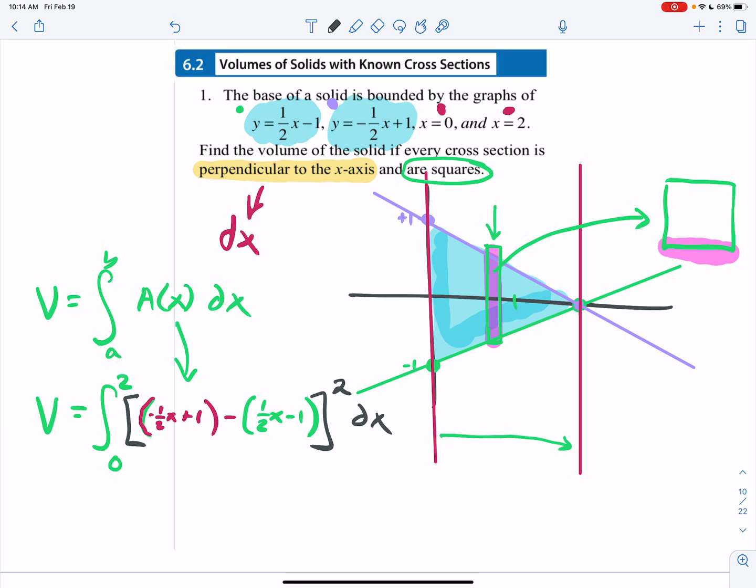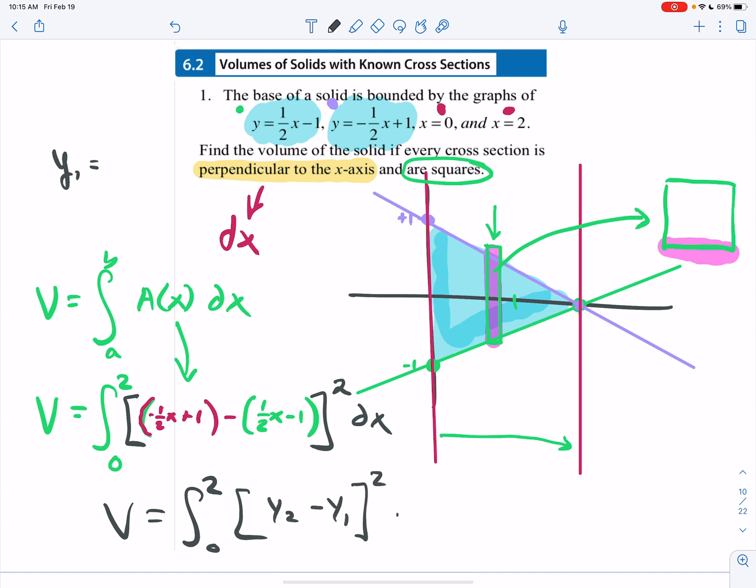Okay, now a few things before we move on. You could definitely use y1 and y2. Now, for the AP exam, if you're going to write down y1 and y2, for instance the integral from 0 to 2 of quantity y2 minus y1, you can do that, but remember, the AP reader does not see your calculator.